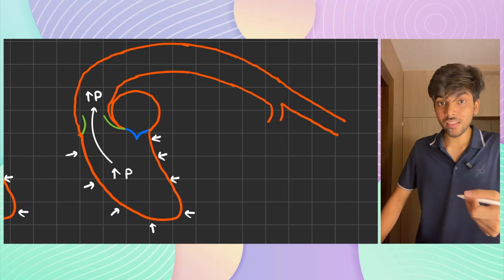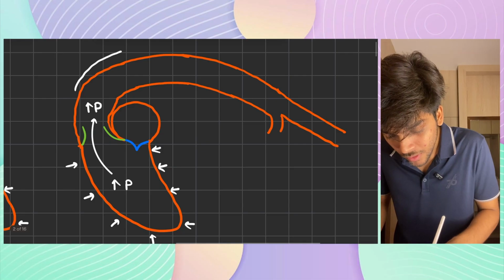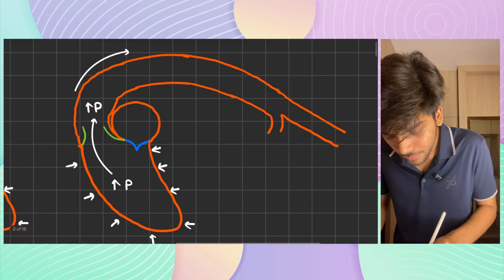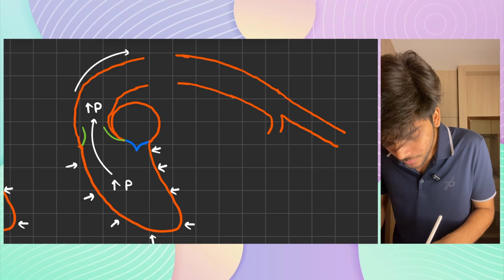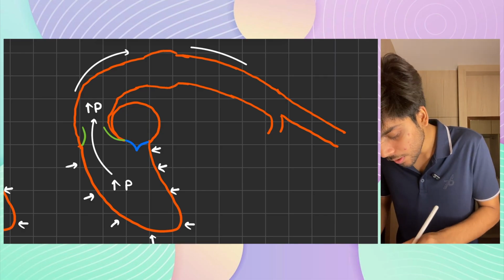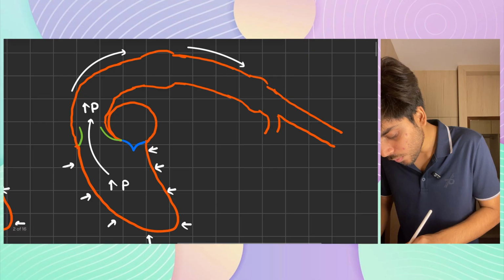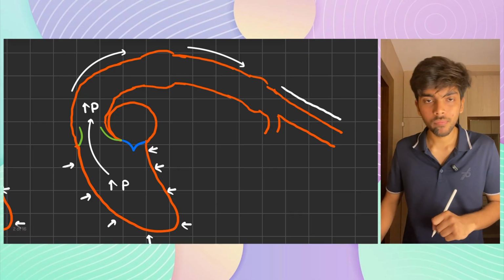The pressure change in the wall of the artery propagates forward like this. So now the bulge appears here. It further propagates forward, and then the bulge appears here. It further propagates forward till it reaches the periphery.